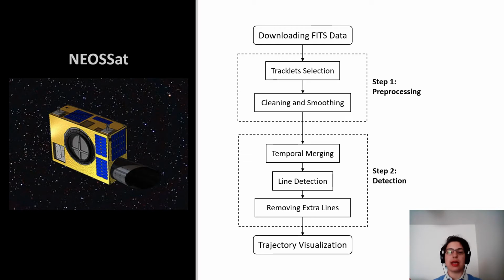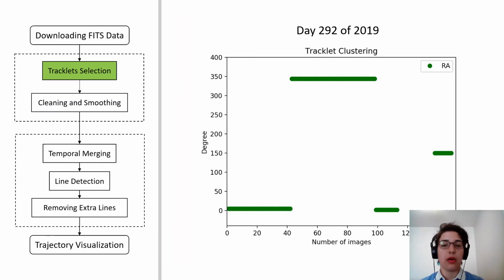NeoSat is a Canadian satellite which takes images from the space around the Earth. We downloaded the images from the Canadian Space Agency portal. Then we detected all tracklets in the dataset. Tracklets are sets of images taken during some time from a fixed location in the sky.